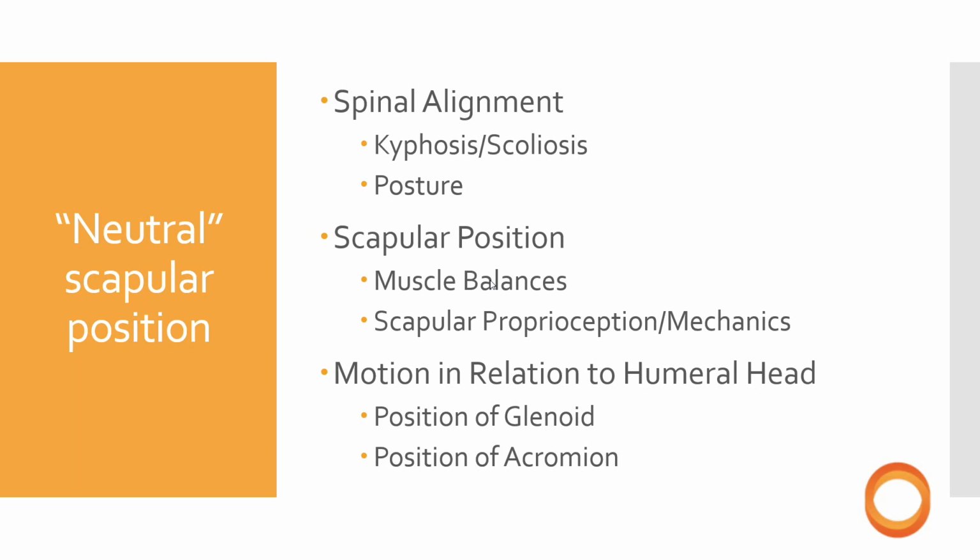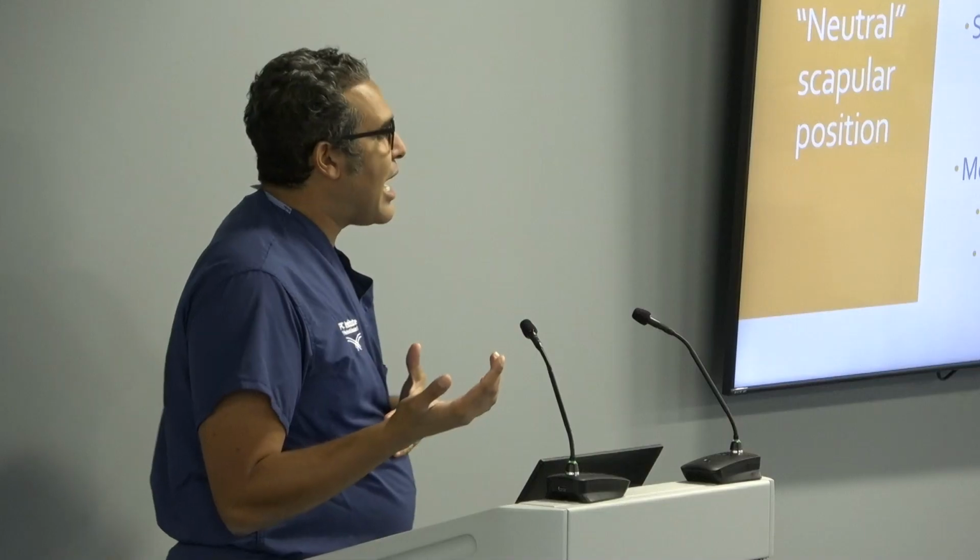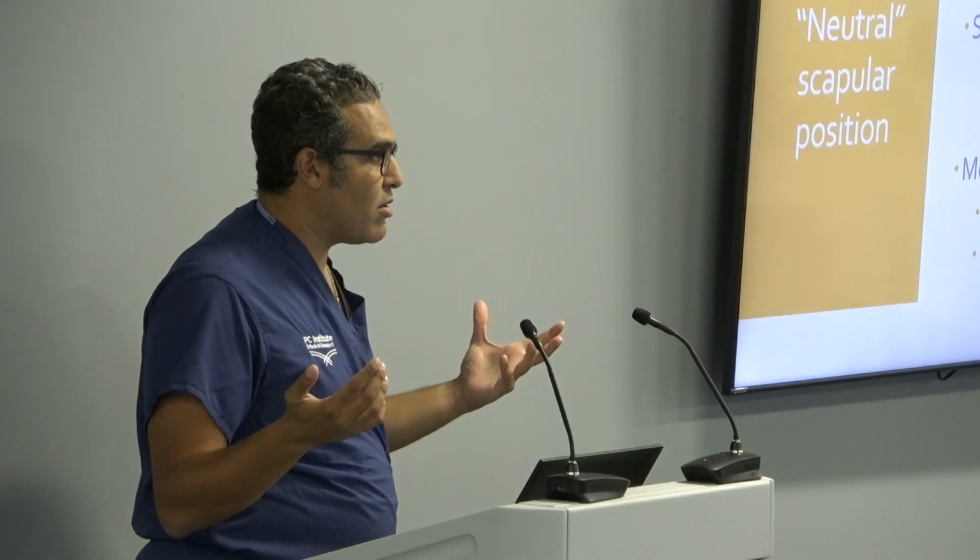The scapular position is supposed to be here, and then when they raise their arm, it's supposed to tilt upwards. Does it do that? Are all the muscle balances that we talked about in the earlier part of the lab, and their awareness of where their shoulder blade is in space, going to affect their mechanics and their ability to use their arms, and all of that's going to have an indirect effect on the rotator cuff.